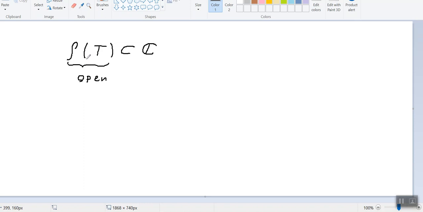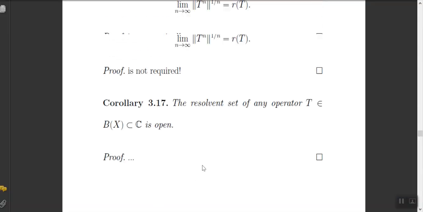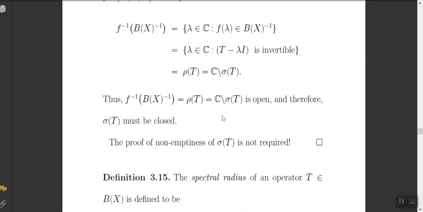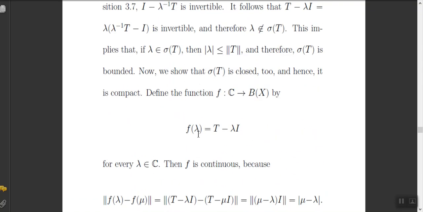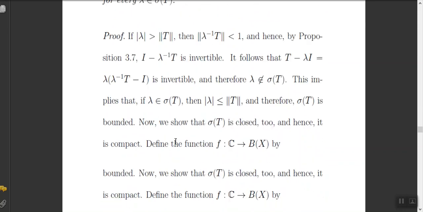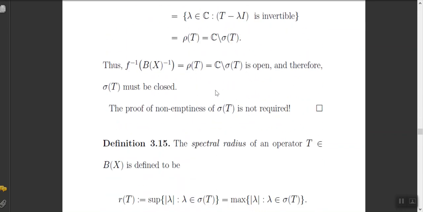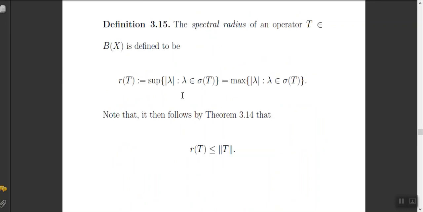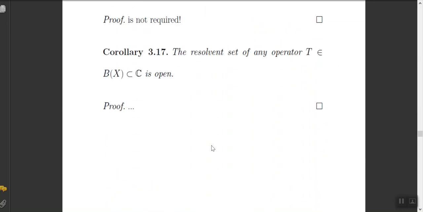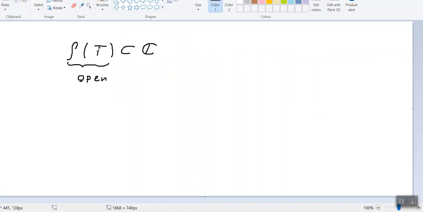The spectrum is closed, so the complement of the spectrum, which is the resolvent set, must be open. Actually, we saw this when we were proving this theorem, in the proof of theorem 3.14. Here you can see the resolvent set is open. It means in this theorem we proved that the spectrum is closed, compact actually, so it's bounded and closed. So the spectrum is closed, so the complement of the spectrum, the resolvent set, must be open.